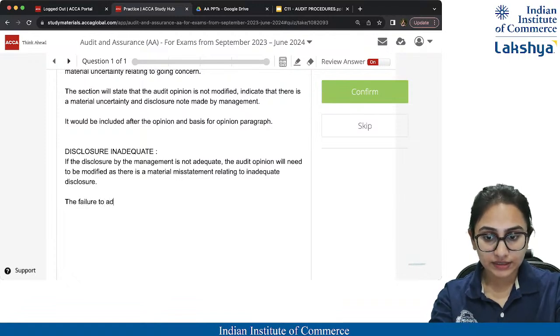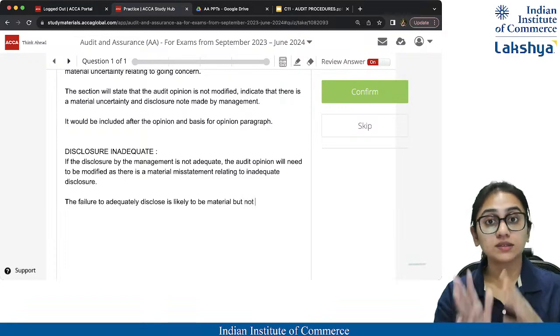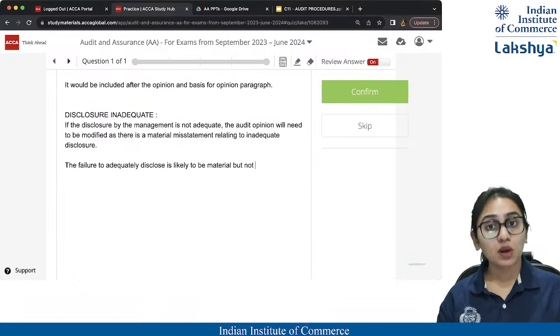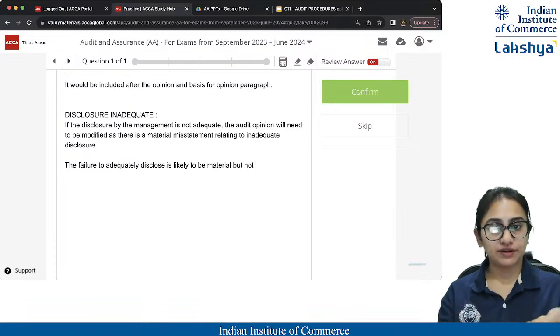So, the failure to adequately disclose is likely to be material but not pervasive. And whenever the matter is material but not pervasive, what kind of opinion is there? It's a qualified, that is except for opinion. So except for that area, the financial statement is perfect, true and fair.